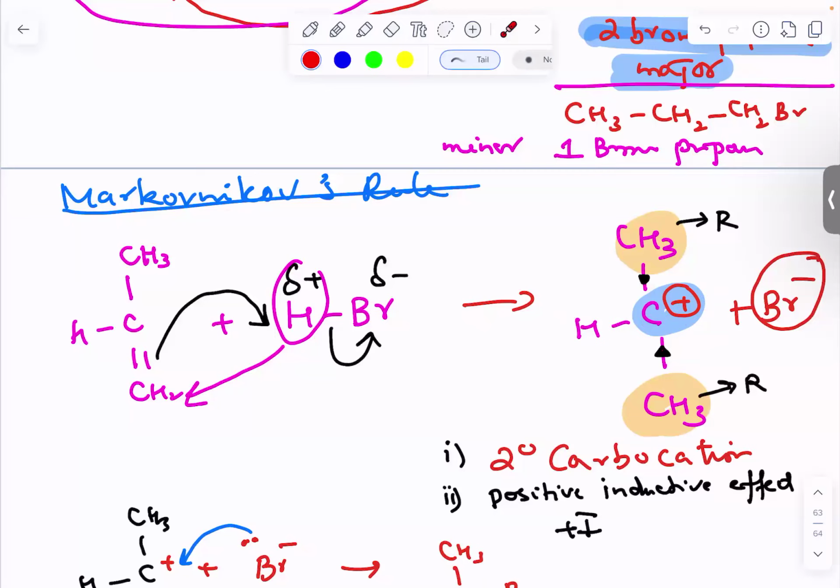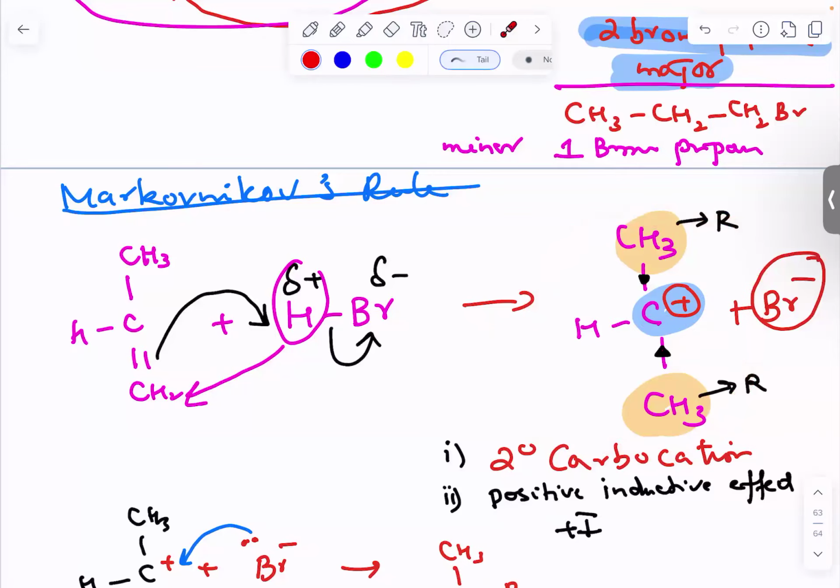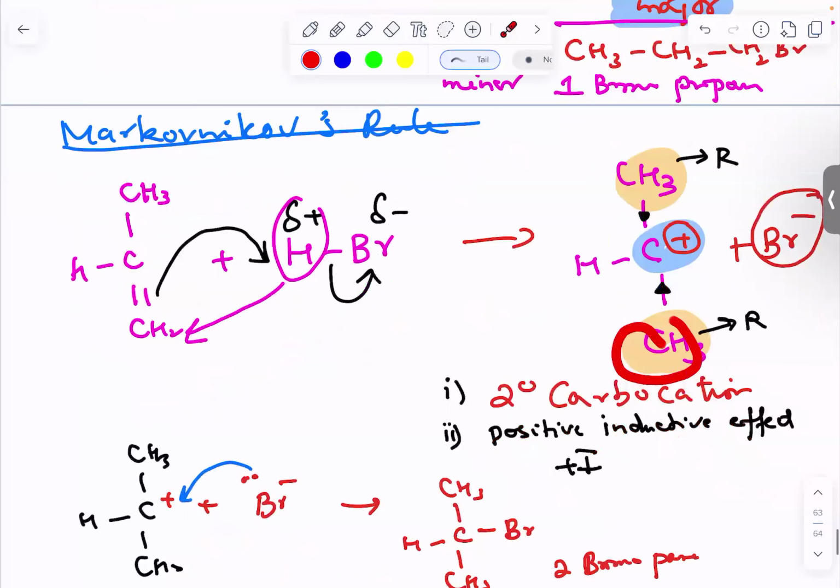Now, a primary carbocation would not be stable because there would be a lesser number of R groups. So that is why a primary carbocation is not formed. A secondary carbocation is formed because the molecule knows that making a secondary carbocation is beneficial for it, because it is going to get support from two sides. So that is why we are going to get the major product as 2-bromopropane.